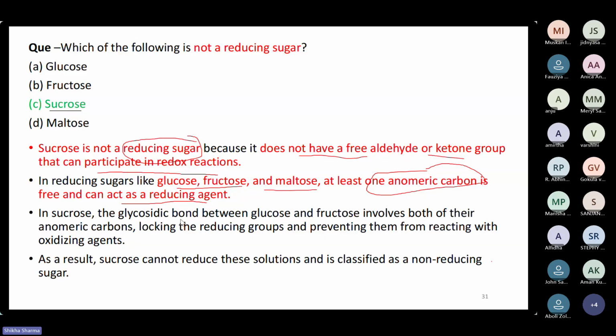In sucrose, the glycosidic bond between the glucose and the fructose involves both of their anomeric carbons. Because of that, there is locking of the reducing group, preventing oxidizing reactions.